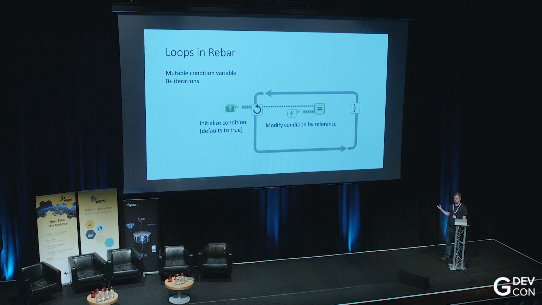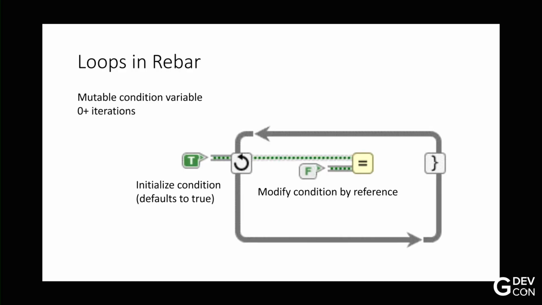But if you initialize it to false, then you get a loop that runs 0 times. So like the for loop in G, it can run 0 or more times. And then within the loop, you can modify the value of the condition variable by reference, such as, for instance, assigning false to it, and that's how you would stop the loop by the condition variable.